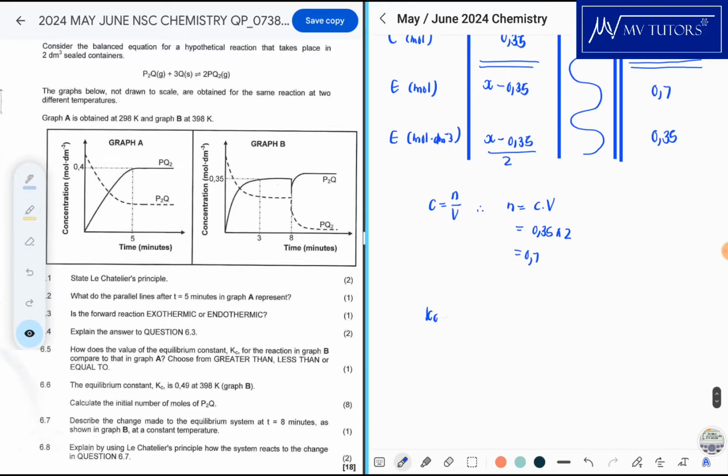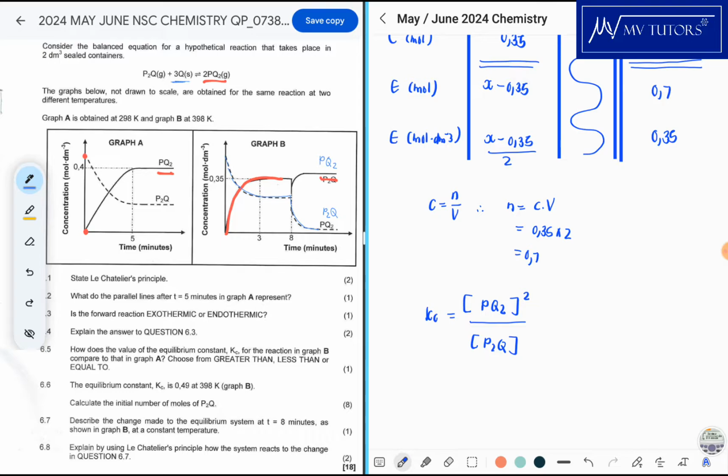So our Kc formula is the concentration of products, which is PQ2 squared, divided by P2Q. Remember we don't include Q because its concentration will just be 1.